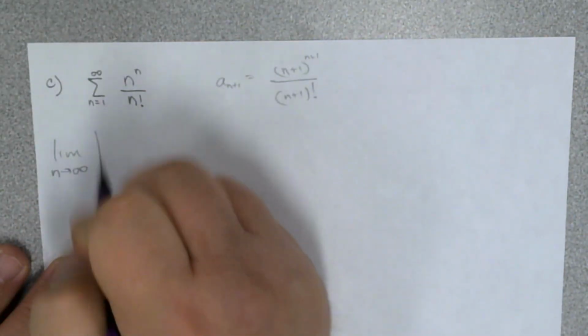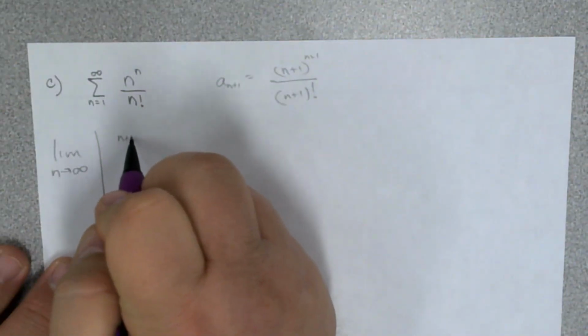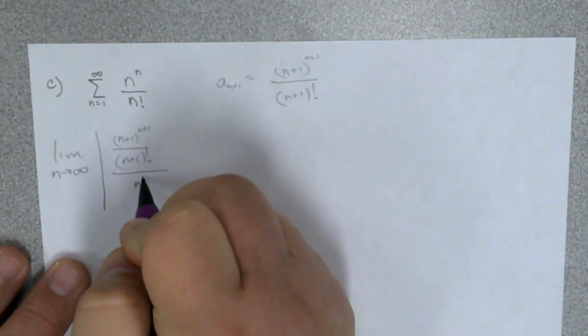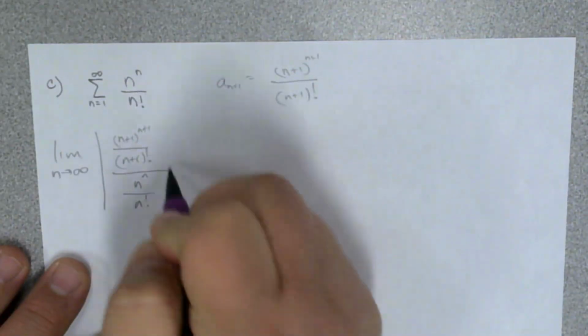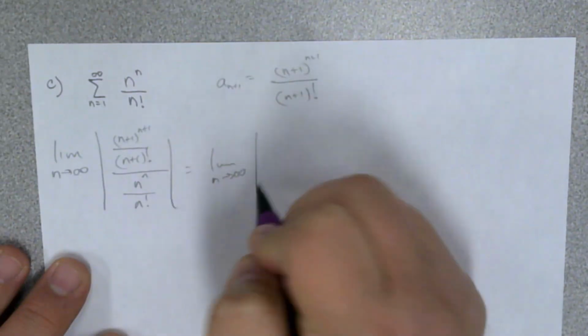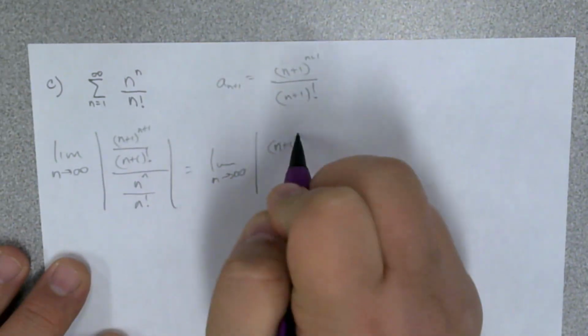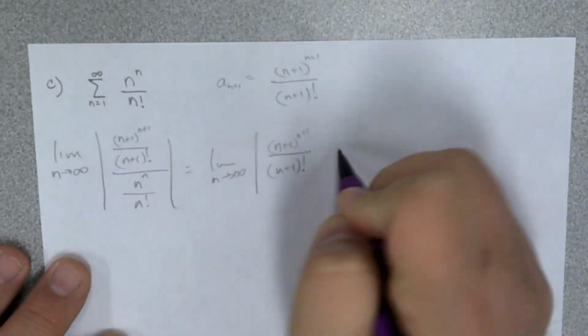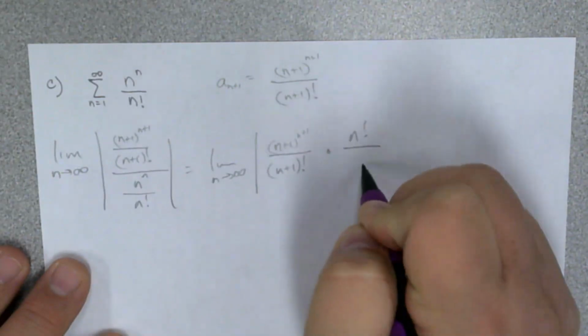And so I have n plus 1 to the n plus 1 over n plus 1 factorial, divided by n to the n over n factorial, and then here is n factorial, n to the n.